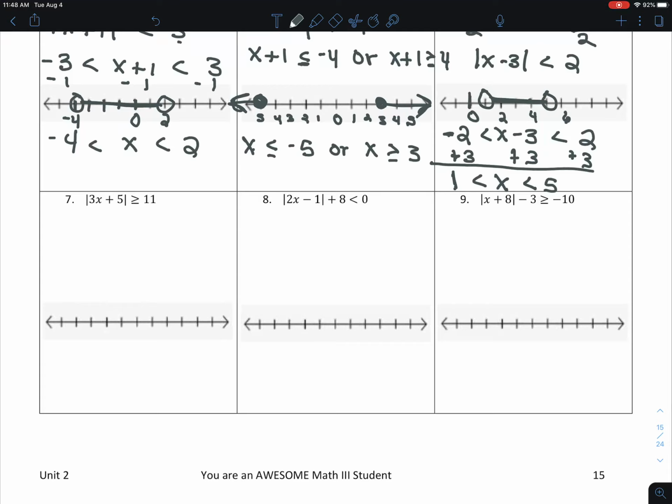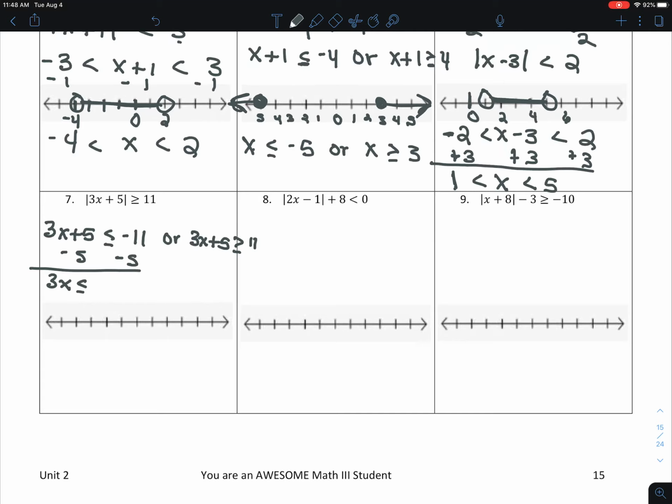Okay, welcome back. So hopefully this is what you found. This is greater than, so we're going to have 3x plus 5, and the absolute value is isolated, so we don't have to do anything. We flip the inequality and we flip the sign, or 3x plus 5, we keep the inequality and we keep the sign. So I subtract 5 from both sides.